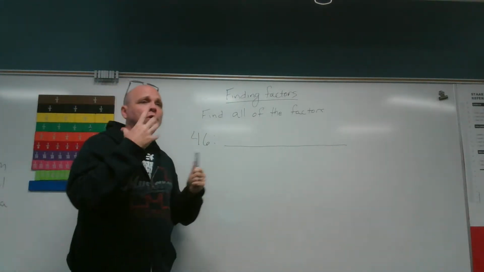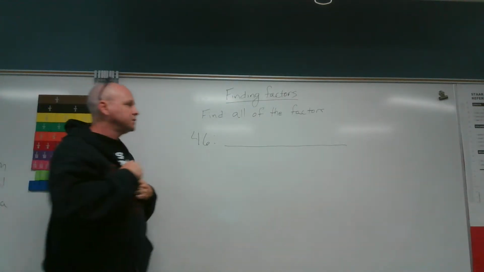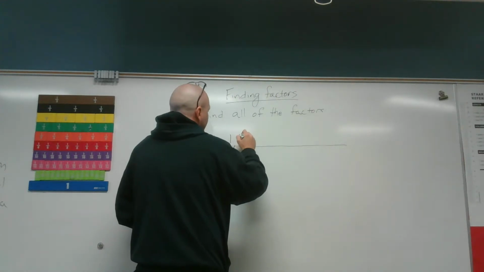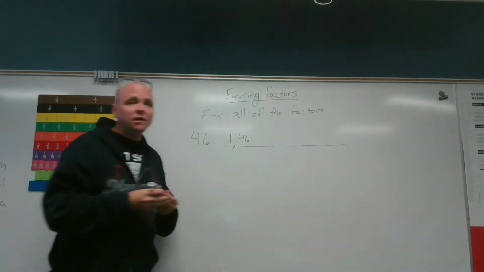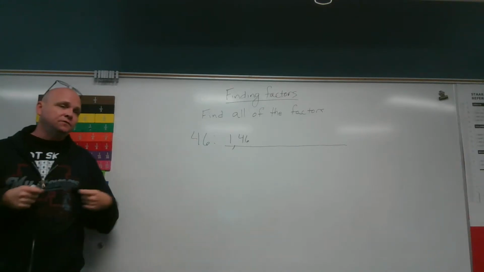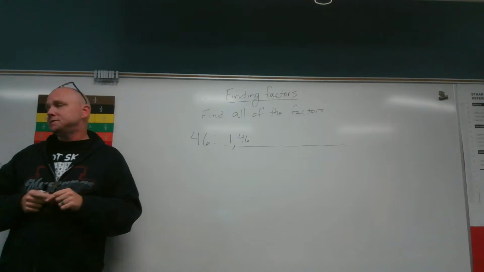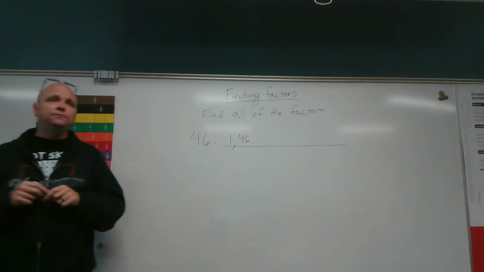So what I'm going to start with is the easiest one for finding factors. 1 and 46. Every number has that as a factor, 1 and itself. If it only had 1 and itself, then it would be prime.